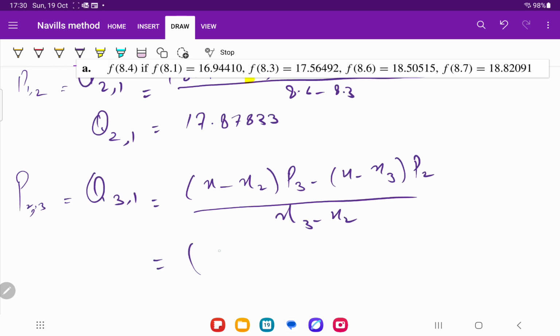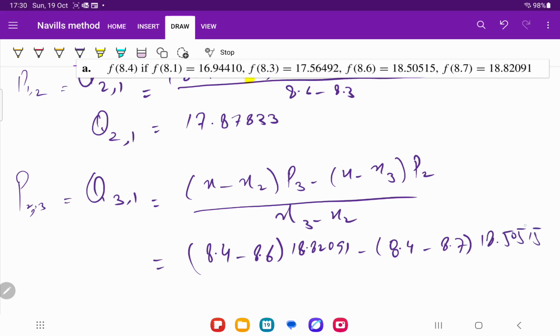Now we'll be putting in the values. x is 8.4, x2 is 8.6, multiplied by P3, 18.82091, minus x, 8.4, minus x3, 8.7, multiplied by 18.50515, divided by 8.7 minus 8.6.